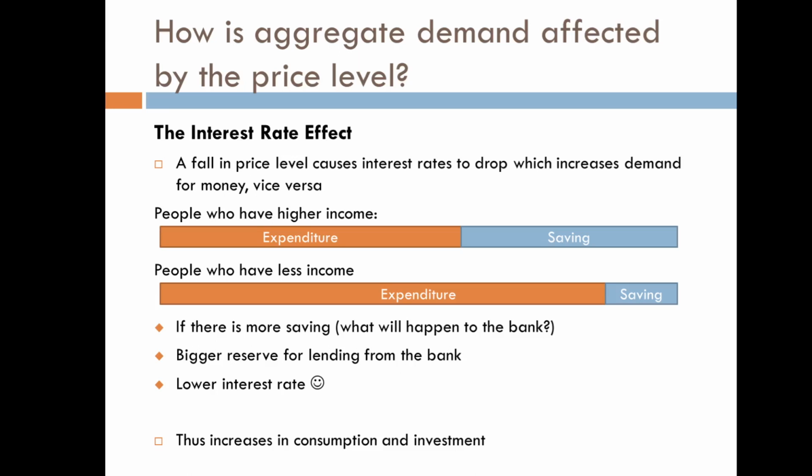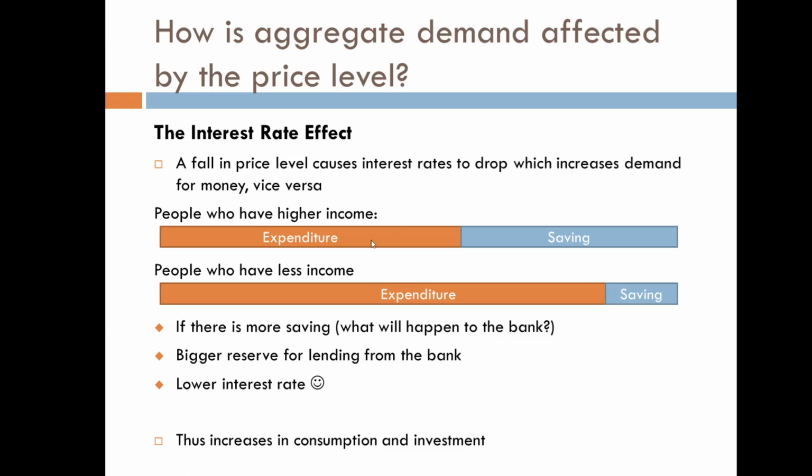So you can see, it's a very big process. Even though you see that when there's a fall in price level there will be a drop of interest rate, it's way more than that.